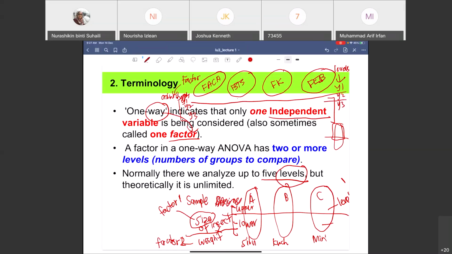Okay, year 2, how about that? Year 2 and year 3, the same thing. But you can see that every sample has year 1, year 2, and year 3 students, right? So let's say this one, the N is 50. N is the number of students.